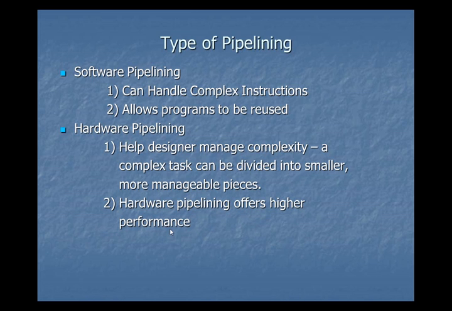The software pipelining handles complex instructions, that is, it handles only complex calculations. Software pipelining allows the program to be reused, so it allows multiple programs to be reused again and again when required. That is the software pipelining.